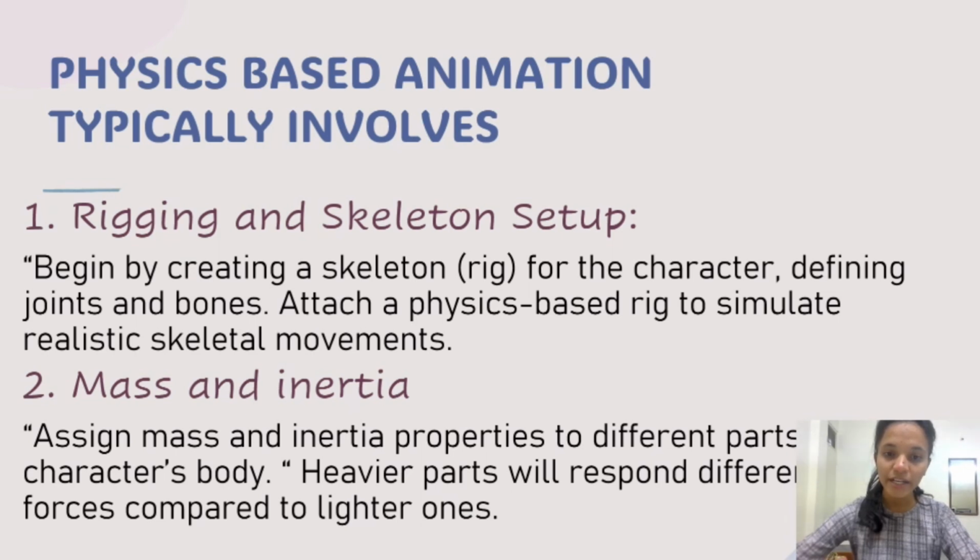Begin by creating a skeleton for the character, defining joints and bones, and attach a physics-based rig to simulate realistic skeletal movements. Mass and inertia. Assign mass and inertia properties to different parts of the character's body. Heavier parts will respond differently to forces compared to lighter ones.